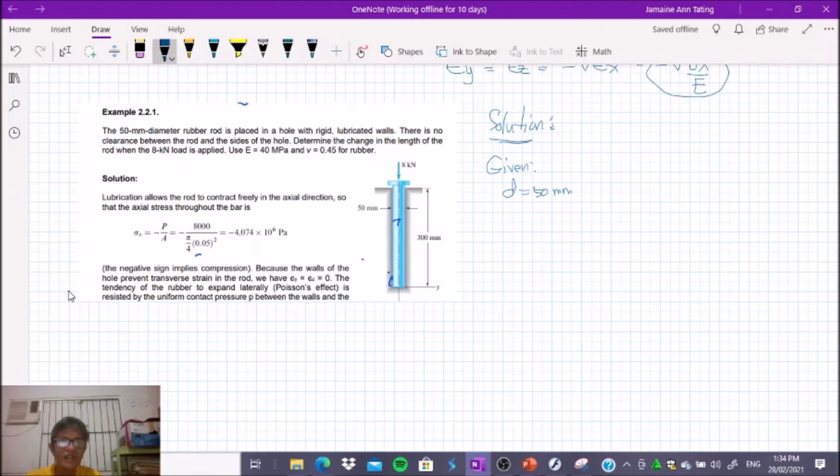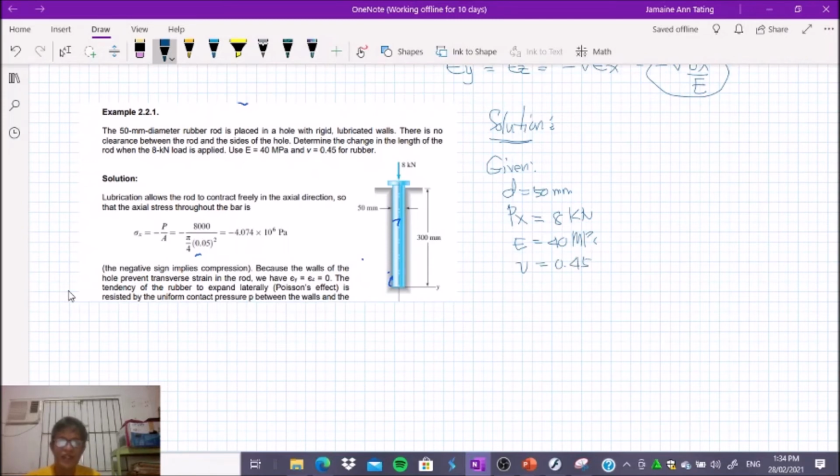Then the change in length of the rod when the 8 kilonewton is applied, determine the change in length. So our P in the direction of X is equal to 8 kilonewton, and E is equal to 40 megapascal, and Poisson's ratio V is equal to 0.45.